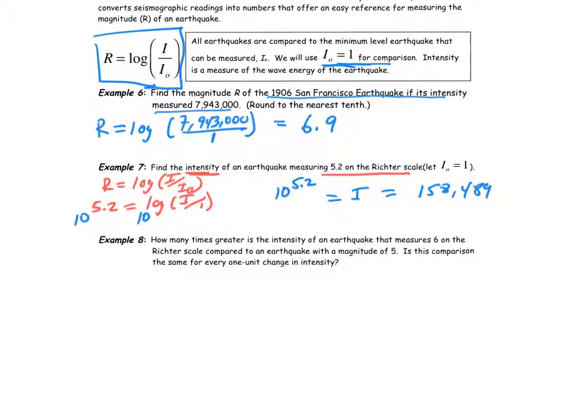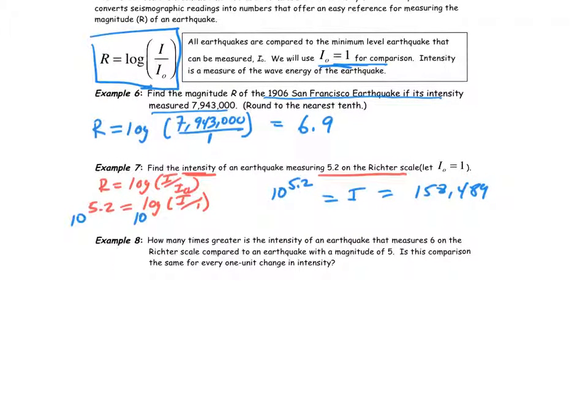The last example I think is quite interesting, and I hope it's something that you can take away with you from this lesson. How many times greater is the intensity of an earthquake that measured 6 on the Richter scale versus an earthquake that measures 5 on the Richter scale? Let's set this up.